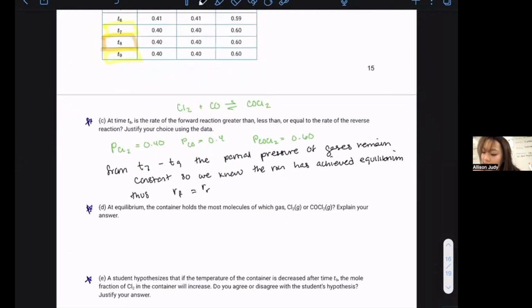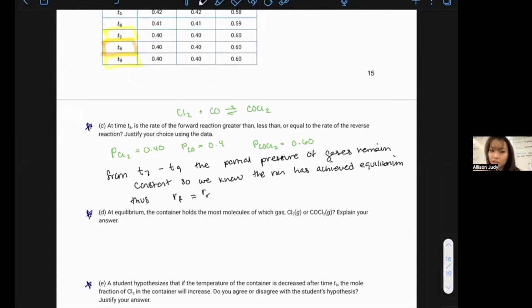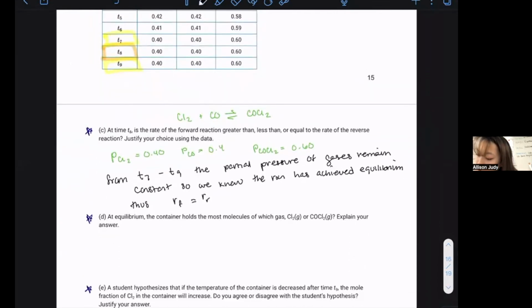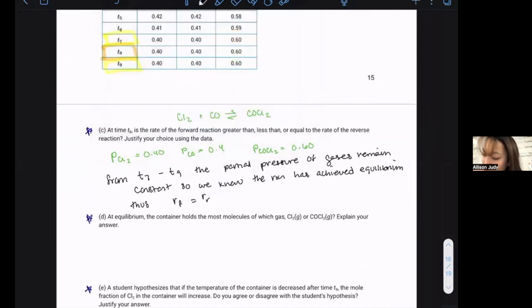So D, at equilibrium, the container holds the most molecules of which gas? Cl2 or COCl2? Explain your answer. So what we need to recognize is when we look at the data, we have a partial pressure at equilibrium, right? T7 through T9, we see that at equilibrium, PCl2 is equal to 0.40 and PCOCl2, which we're being asked to compare, is 0.60.